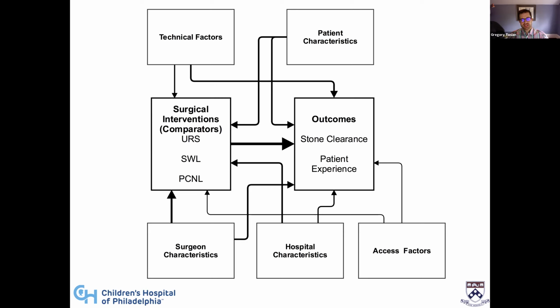Also, surgery exists within a larger environment that is influenced by many different factors. And those include surgeon characteristics, the hospital characteristics, such as availability of equipment, and various resources in the perioperative environment. And it's also determined by access factors of the patient, as well as patient characteristics.